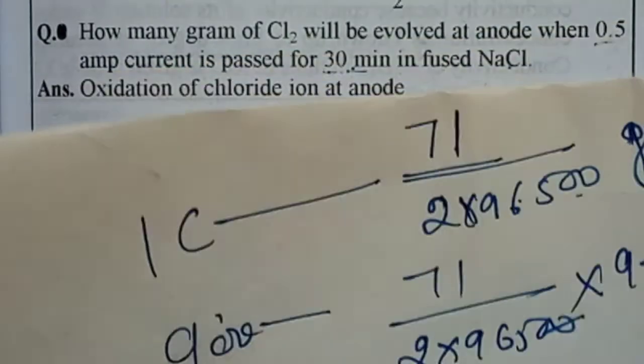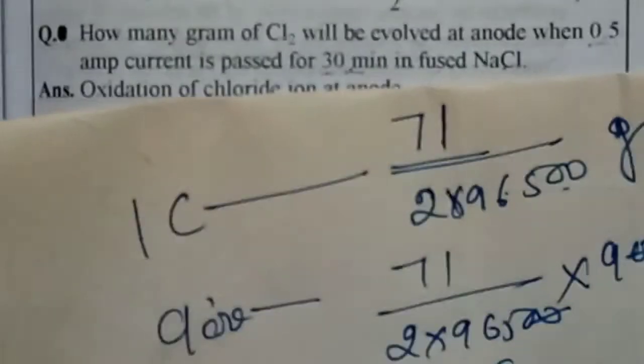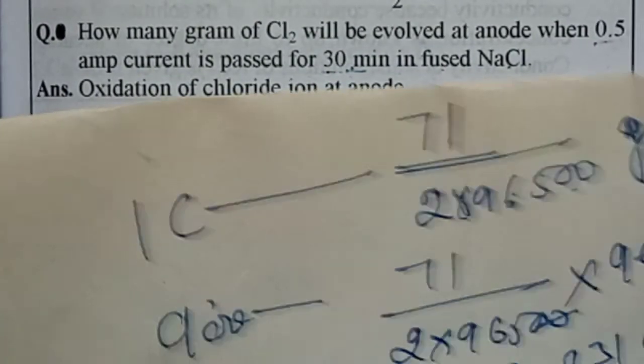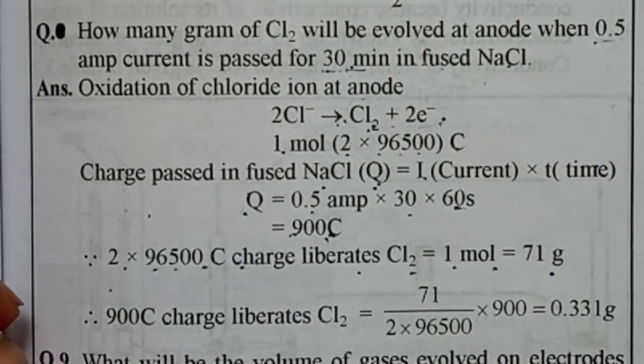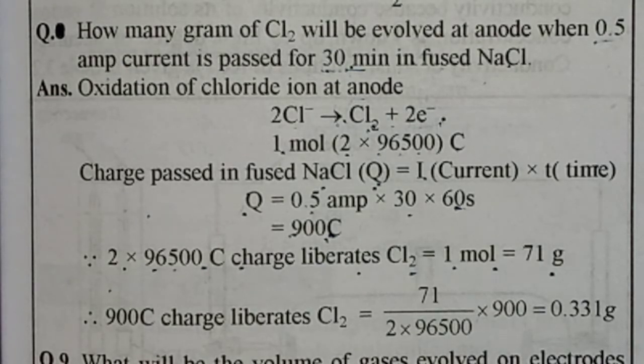Okay, we can calculate this, it comes to 0.331 grams. Okay, this is the answer. Clear? This is how we can calculate the mass of gases or solids liberated on the electrode.